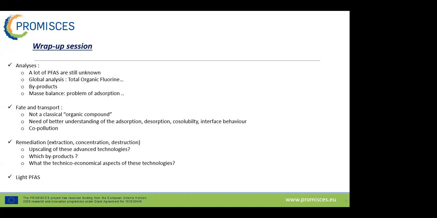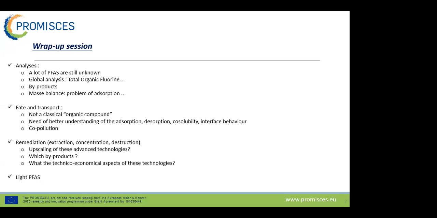And the last thing was just a bullet about light PFAS. We had some conversation about the volatilization of PFAS and so on, what happens when we increase the temperature. Even the sampling of these light PFAS, like TFA and others, is still trickier than others.